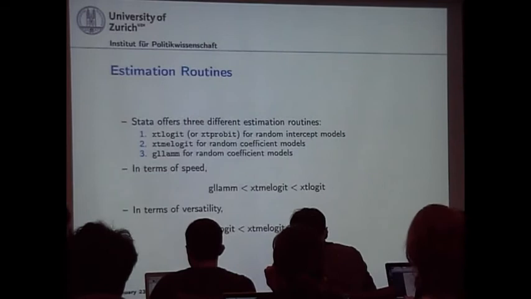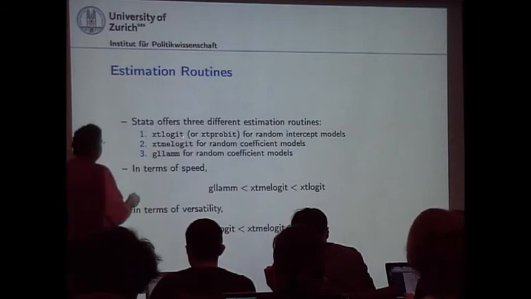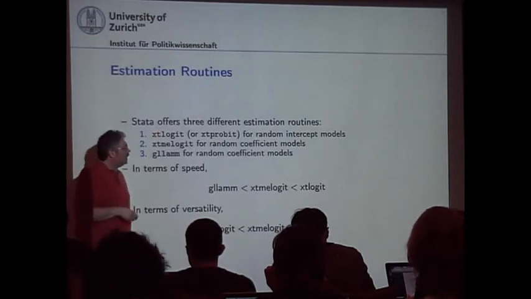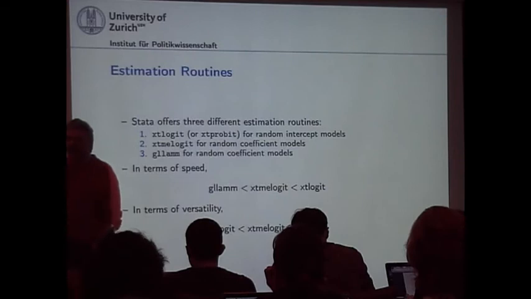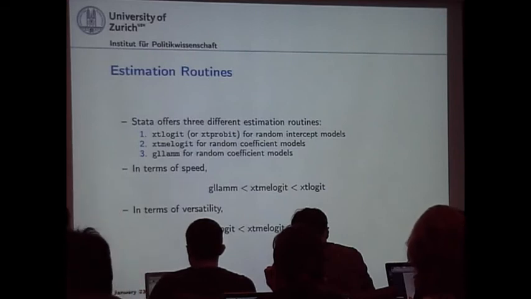Stata actually offers three ways to estimate multi-level logit models. There is first of all xtlogit, but that handles only random intercept models. It doesn't handle random slope models.